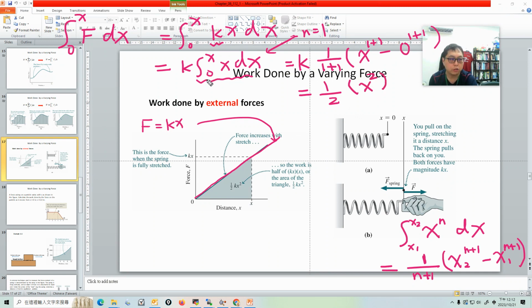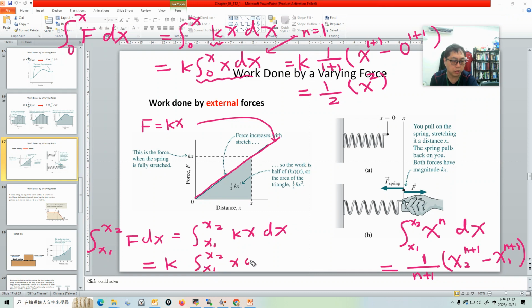So what if I change the range? If I change the range, not from 0 but from x1 to x2, what will the answer be? If I start from x1 to x2 and the force is kx, what would the answer be? I hope you might already have guessed the answer. So it's the integral from x1 to x2 of kx dx.